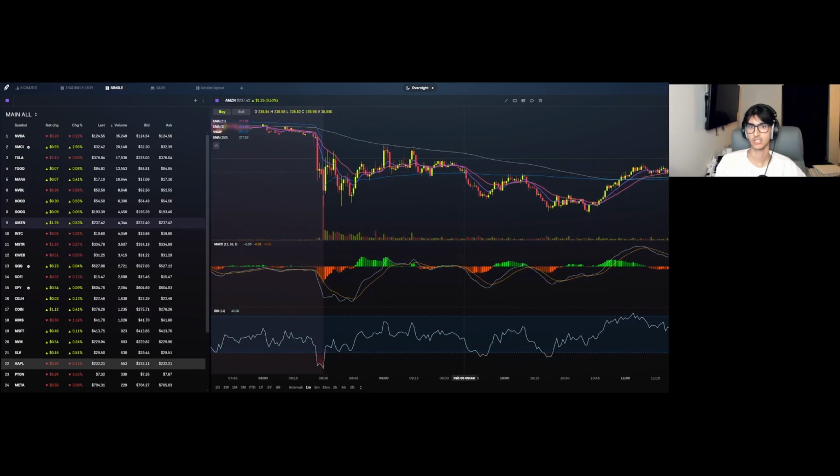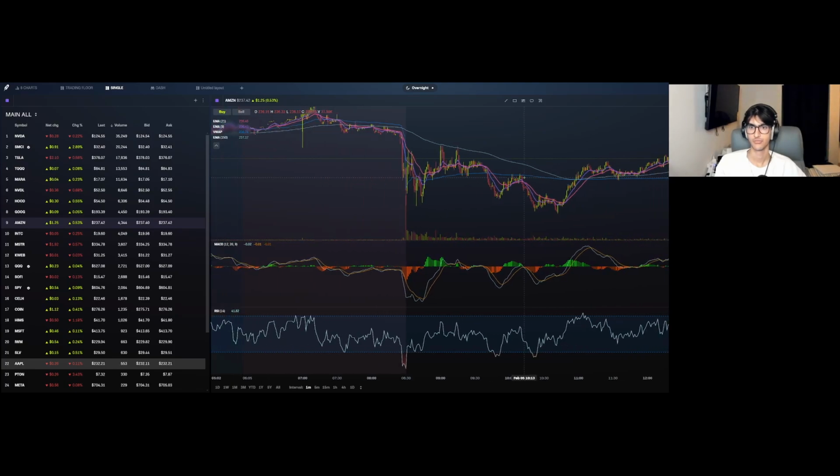If anything, I would take puts right here or right here. These two zones, I'll take puts. And that would probably be stopped at break even, and I would be trimming on the way down.